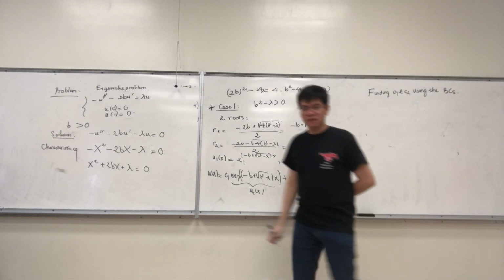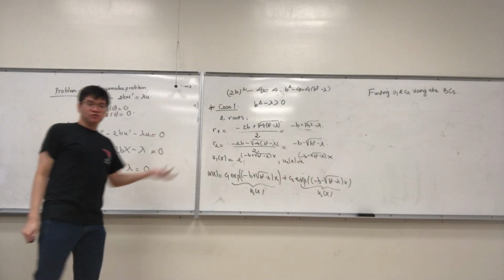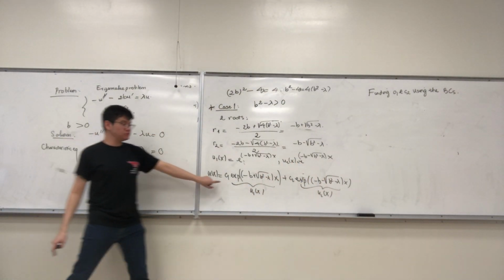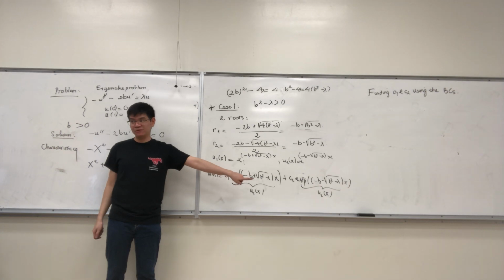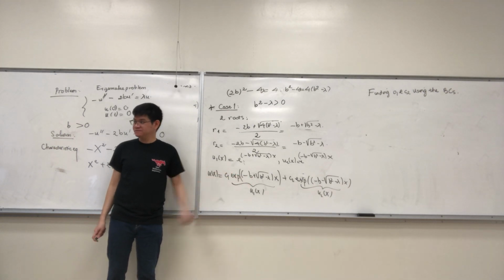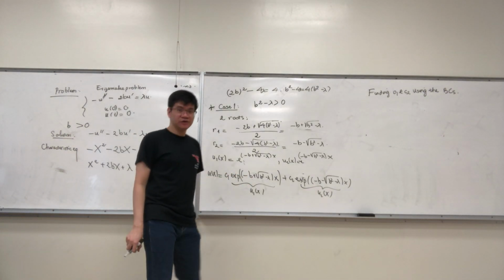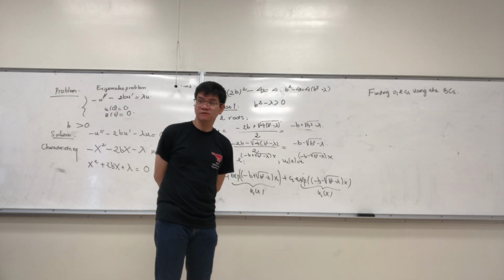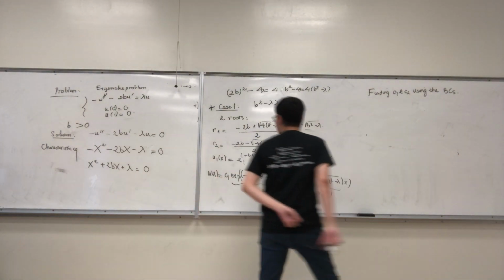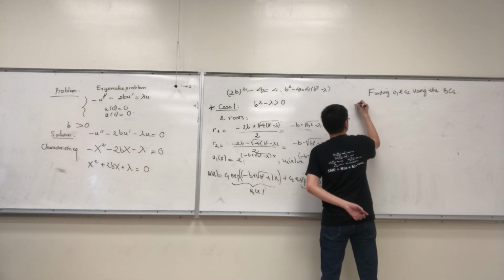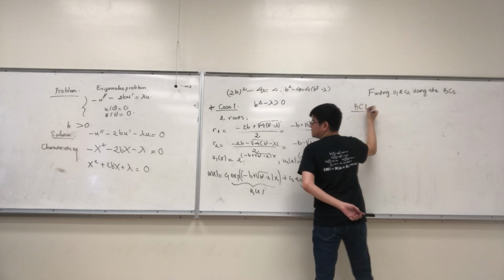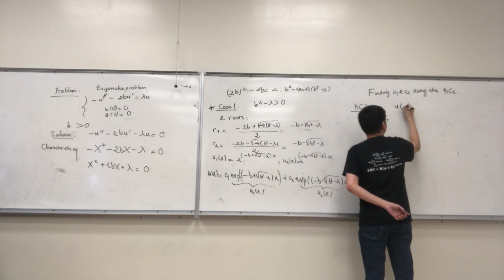So what you have to do is find these two constants, c1 and c2, using the boundary condition. It's clear? Questions? You understand the procedure? Right. So the boundary condition one is u of 0 is 0.